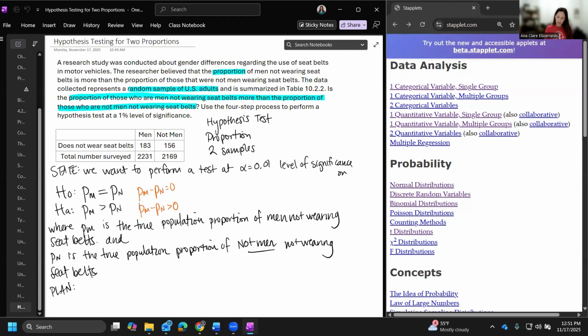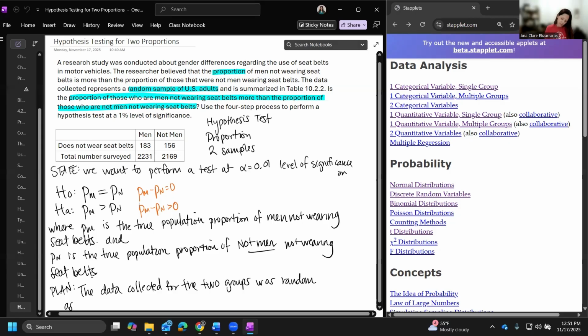So we will say that the data collected for the two groups was random as stated in the problem. Okay, and this was our random condition.